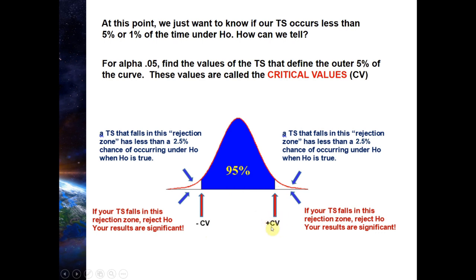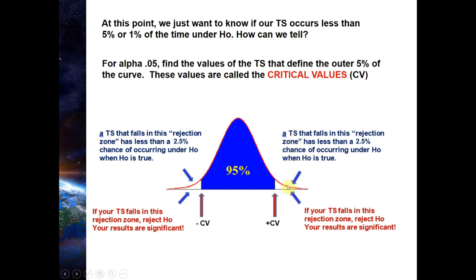So if you determine that your critical value, let's just say for argument's sake, is 3, then you look at your TS that you calculated, or SPSS calculated for your hypothesis test. If, let's say, this number is 4, then you know you're in this area. And if you're in this area, you can say that the probability of my TS is less than 5%.